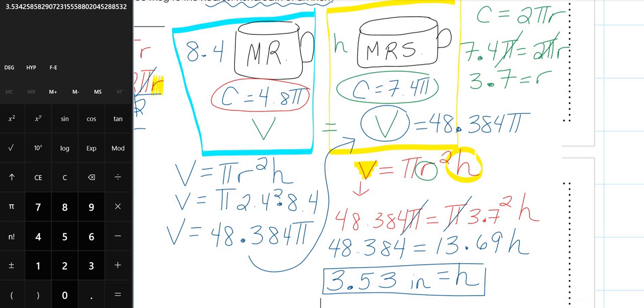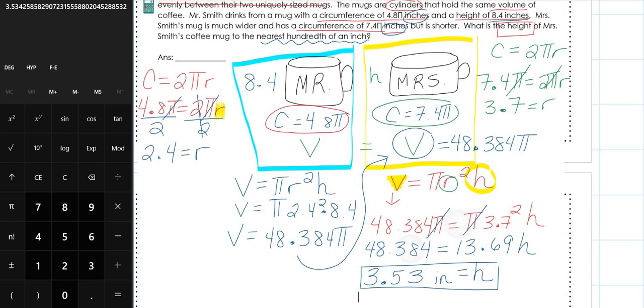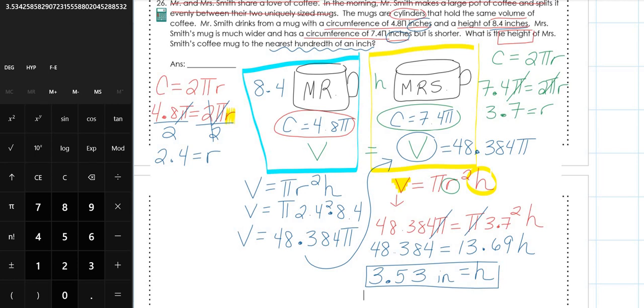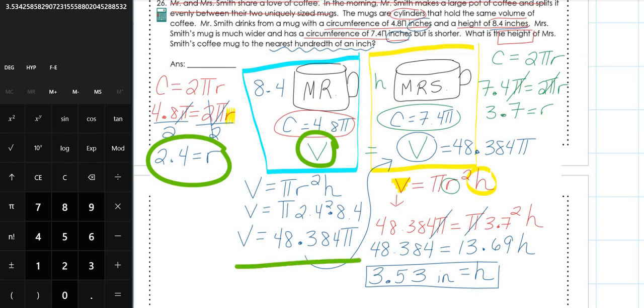So remember, this was a working backwards problem, but you had to work backwards almost 3 times. First, you had to solve for the volume of Mr. Smith's mug, which first meant you had to solve for the radius. Then once you got the volume of Mr. Smith's mug, you had to plug it in for the volume of Mrs. Smith's mug.